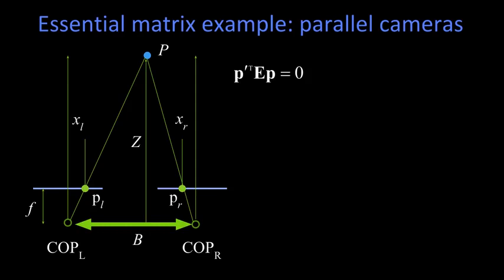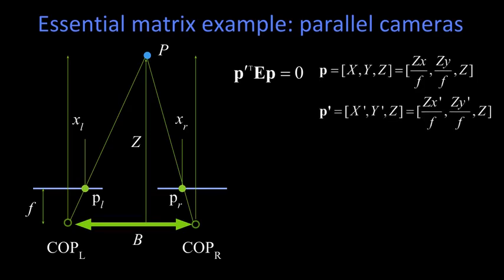So where are our points P? It's in some location capital X, capital Y, capital Z, which is also, in the other frame, capital X prime, capital Y prime, and also Z, because the Z's are the same since our planes are parallel. So here are our points written. The first time I wrote them as we said before: P is X, Y, Z, and P prime is X prime, Y prime, and the same Z. But it's written kind of cool over here.